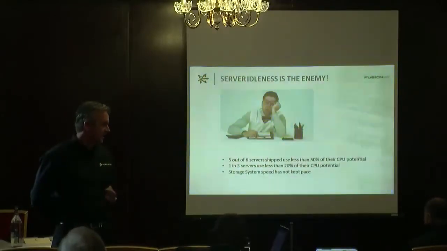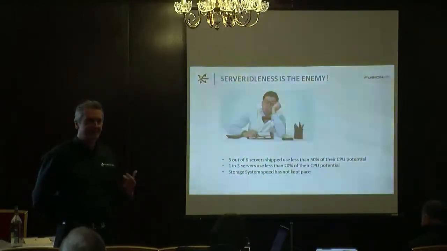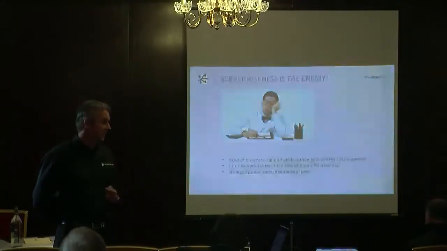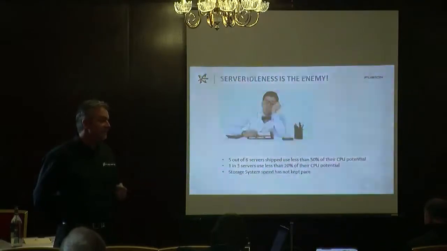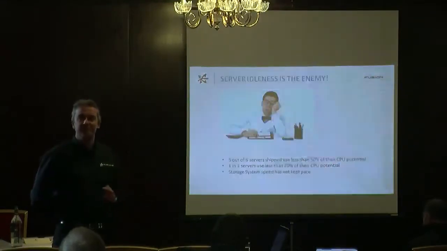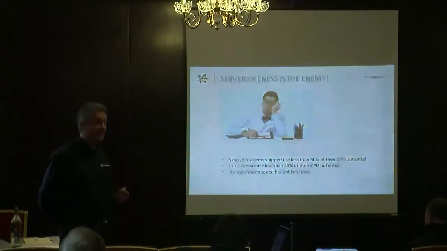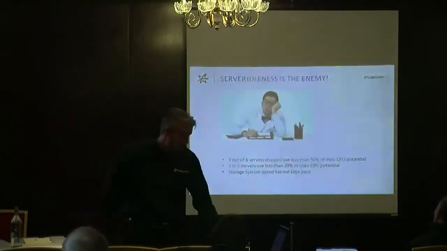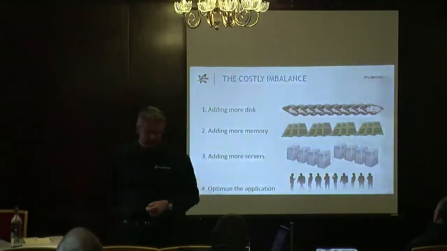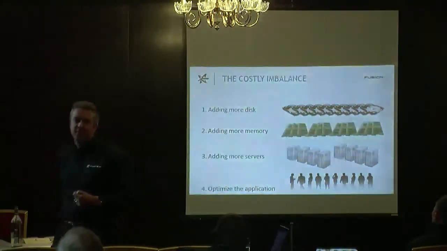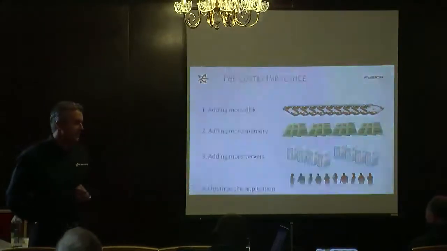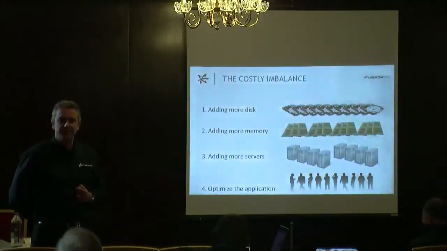Around about the early 90s, one disk was just about fast enough to actually feed the CPU of that time. Today you need at least 600 15K RPM disks to actually feed information into a processor to keep it happy and keep it doing productive work for yourself. So this imbalance between CPU and the storage devices in your infrastructure really is a costly imbalance.